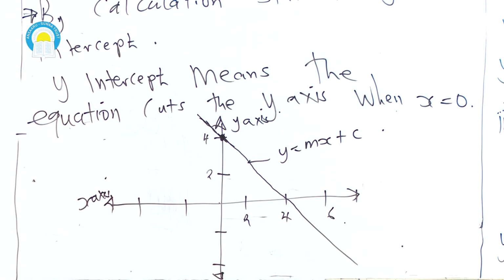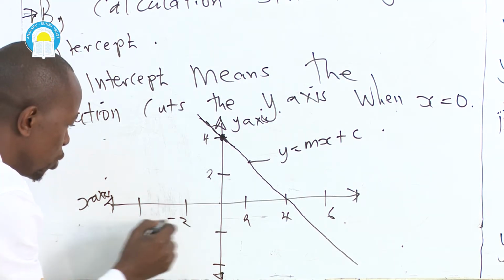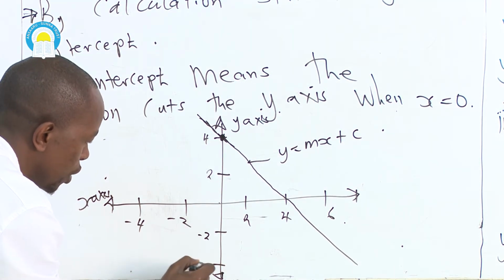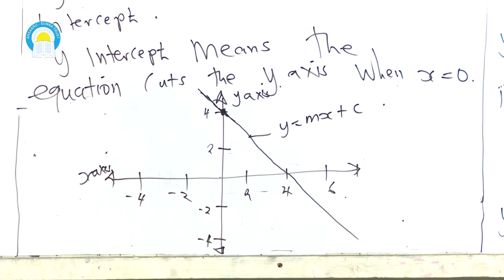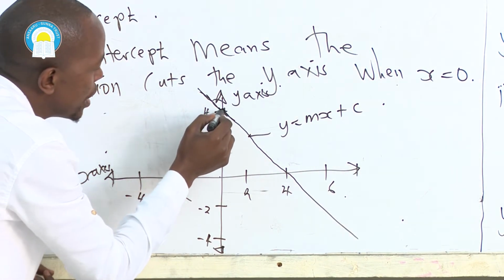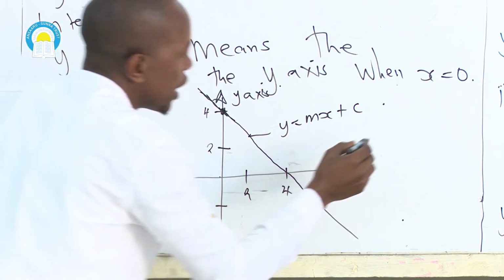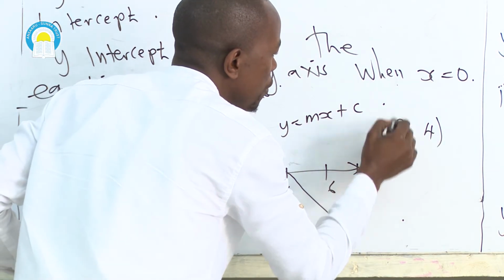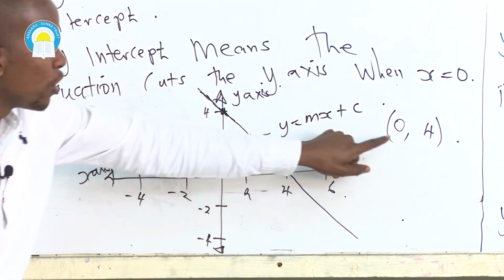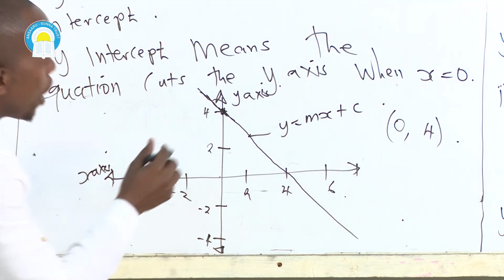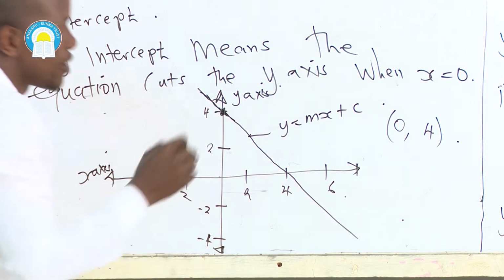I'm using a scale of 1 centimeter represents 2 units, and also negative 2, negative 4. Now, if we read this point, it is (0, 4). Remember, we start with the value of x followed by the value of y. This is the y-intercept.